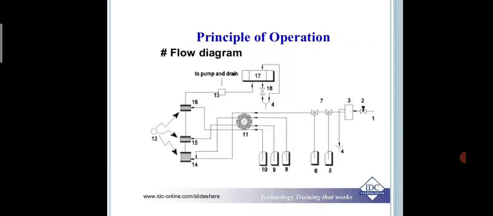Here we see that the sample is fed into this instrument, and the silica present in the water is calculated by using these reactors. The output is obtained from these detectors, and the detector value is measured by using the display devices. These are the basic operations of this silica analyzer.